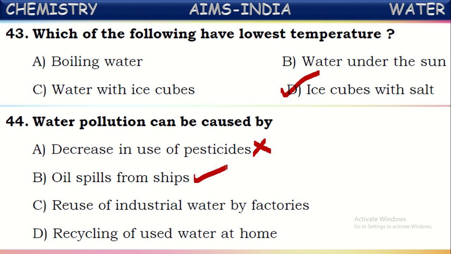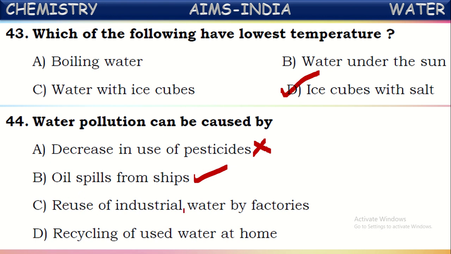It is one of the dangerous causes for water pollution. It floats on the water and acts like a blanket, so it won't allow carbon dioxide and oxygen to dissolve into the water. So aquatic animals and plants may face severe problems with this. So it is one of the causes for water pollution.